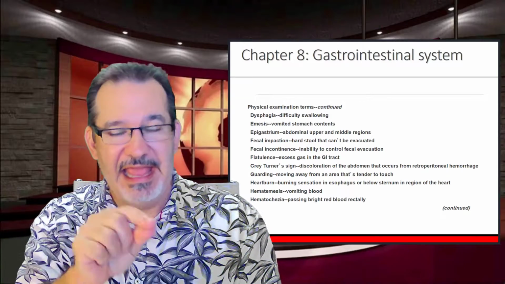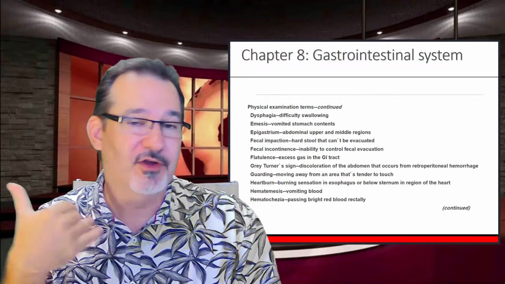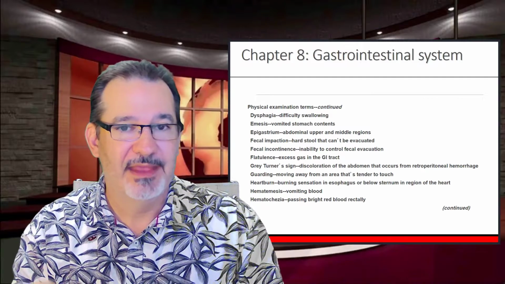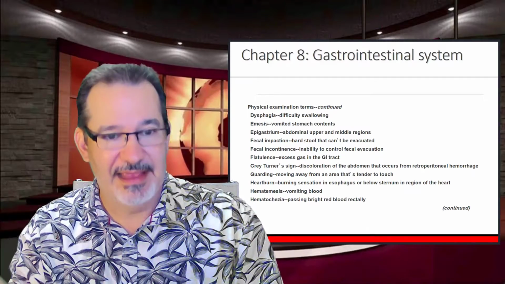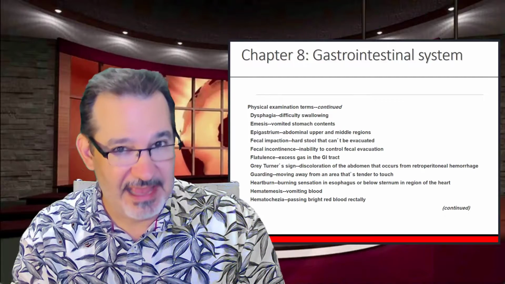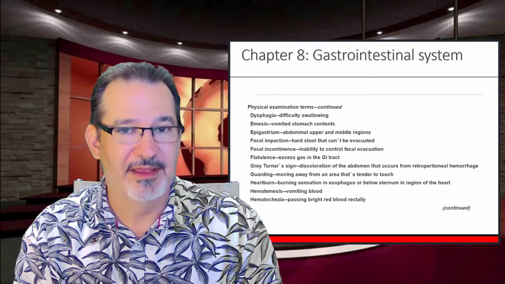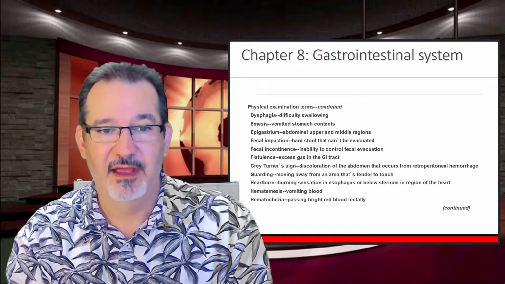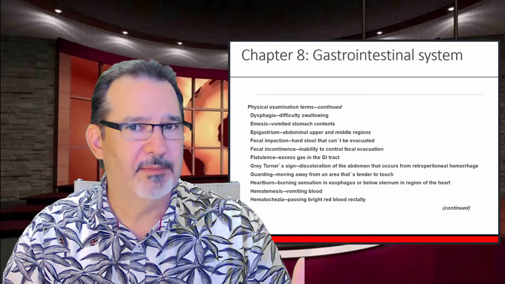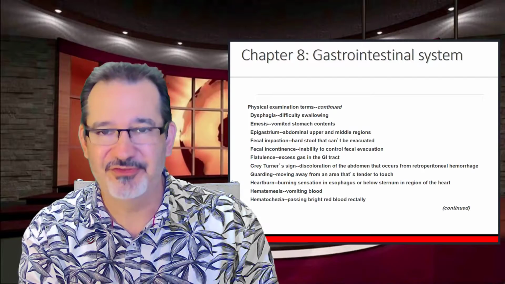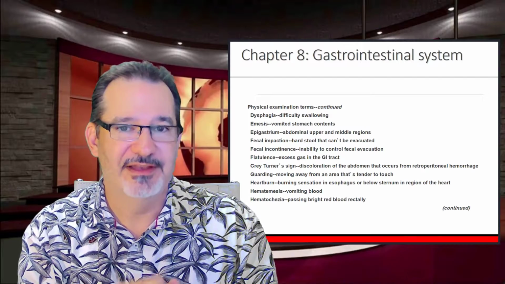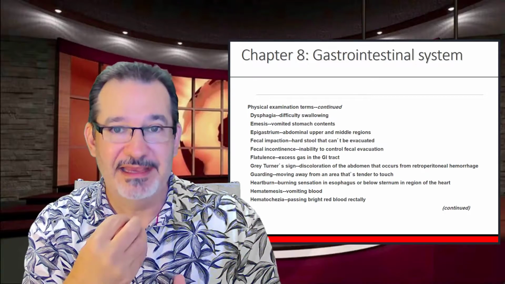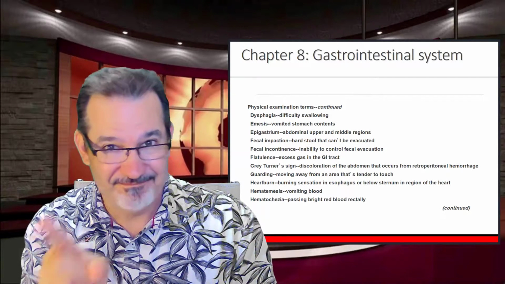Dysphagia, with a G, is difficulty swallowing. Dysphasia, with an S, so you have G, difficulty swallowing. S is difficulty speaking. Okay. And the way I remember that is I just remember if I see dysphasia with an S at the end, speaking, S, okay?